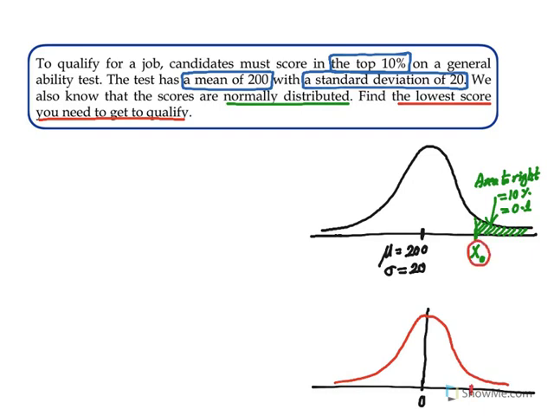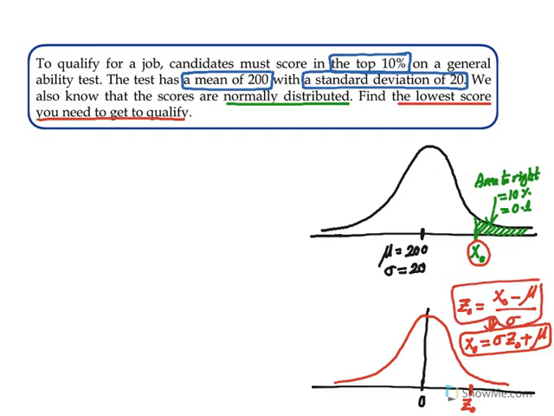Remember, the z-score is the data value minus the mean over the standard deviation. And this implies that if you want your data value x0, you multiply z0 by sigma and add the mean mu. So keep these formulas in mind. You always use them when you solve such questions.